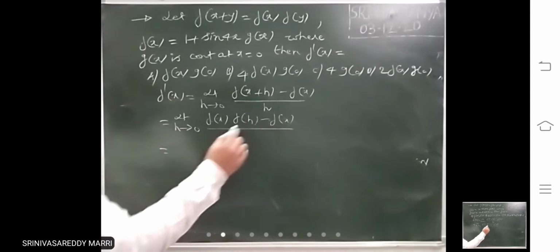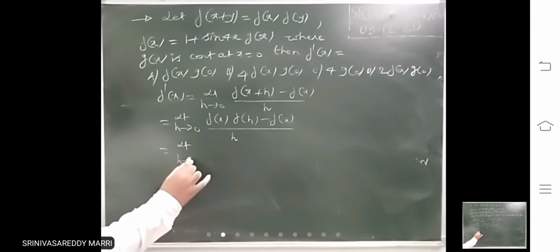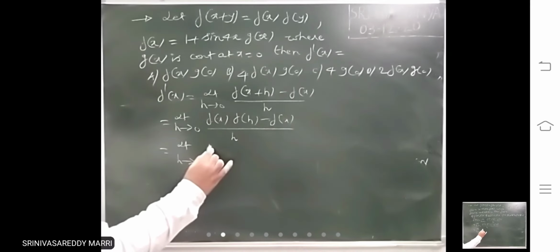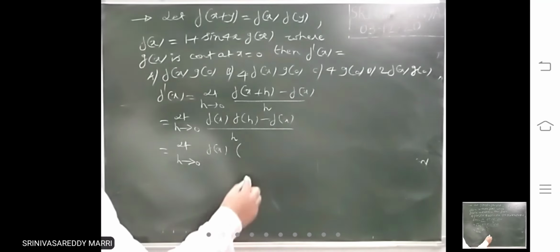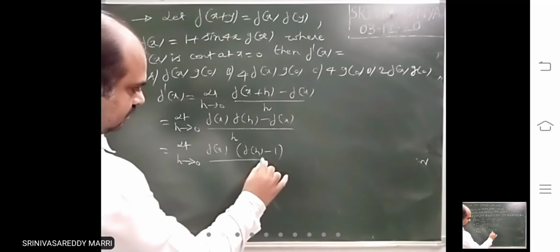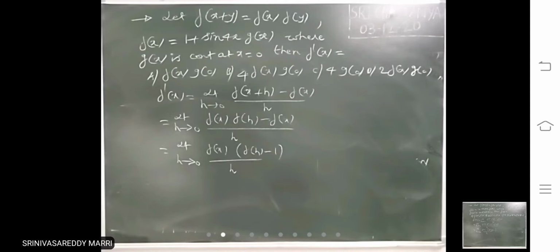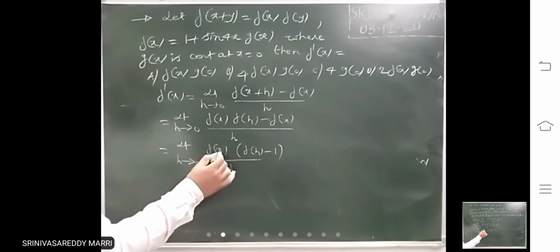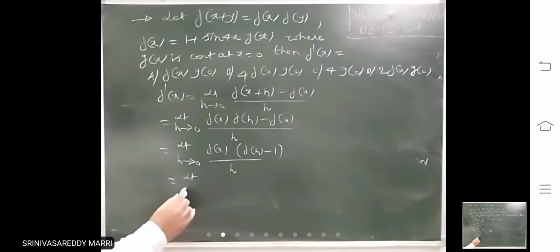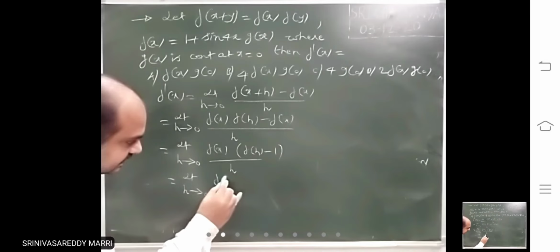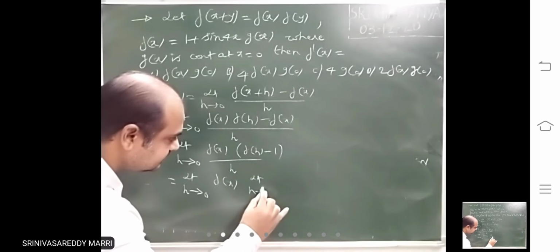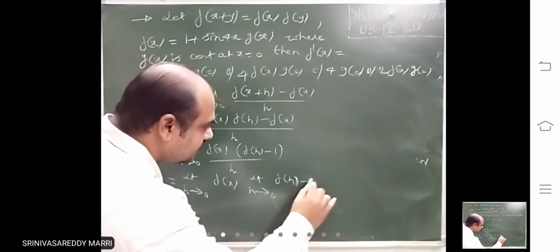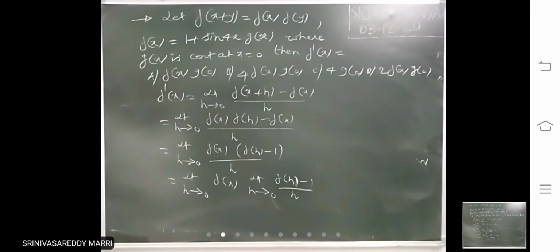So now f of x take common. f of x is nothing but, I am writing like this, limit h tends to 0, f of x into limit h tends to 0, f of x plus h minus 1 divided by h.